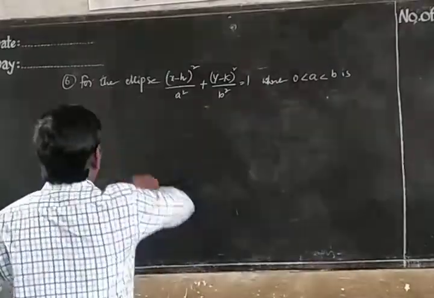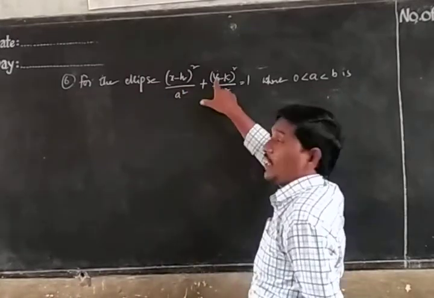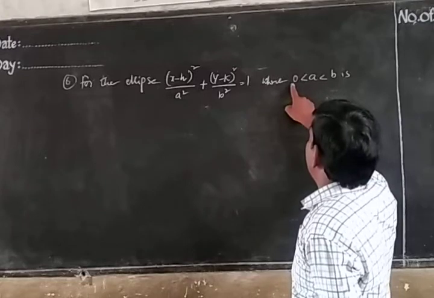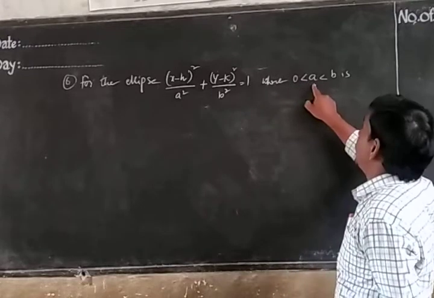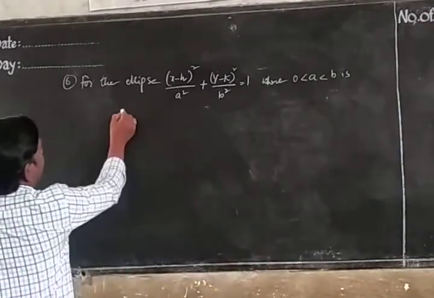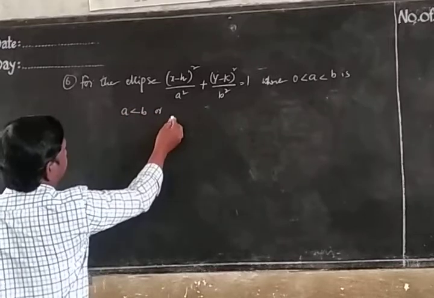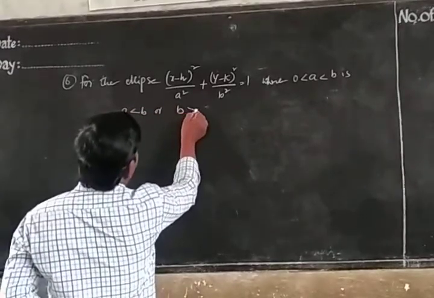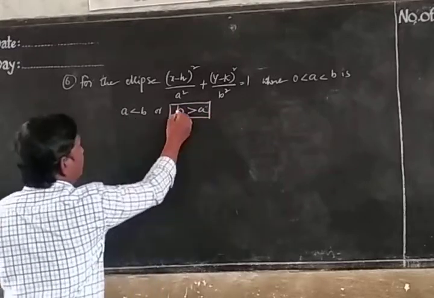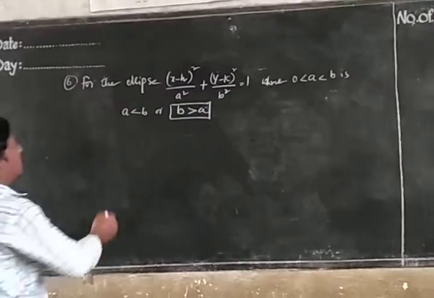Okay, for the ellipse (x minus h) whole square by a square plus (y minus k) whole square by b square equal to 1, where 0 less than a less than b. So we have to consider here a less than b, or b greater than a.